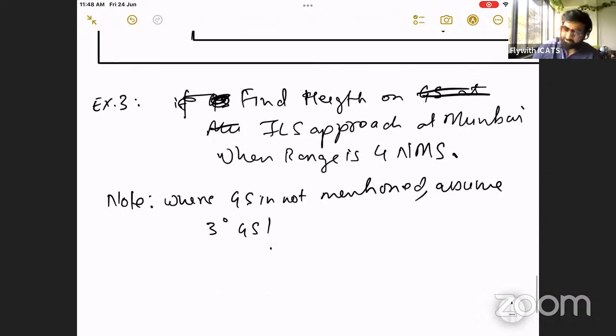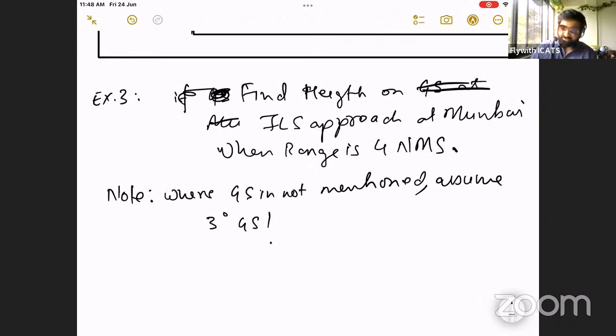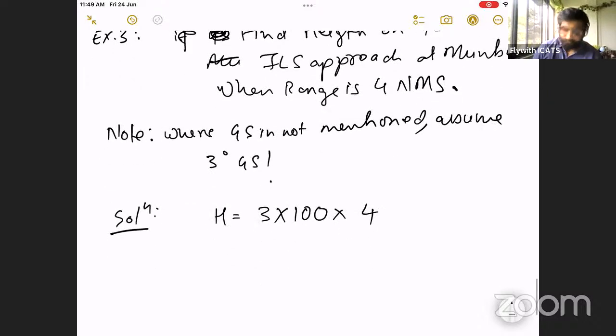Now solve this. How will you solve this? It's a 3-degree glide slope, range is in nautical miles, use the direct formula. What is my direct formula? Height is equal to 3 into 100 into range in nautical miles, that is 4, is equal to 1200 feet.